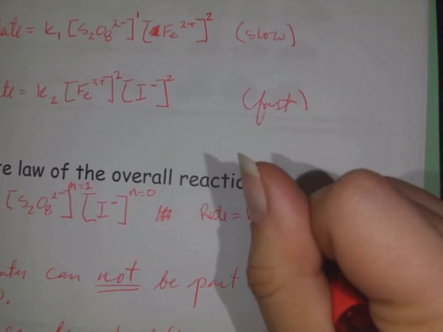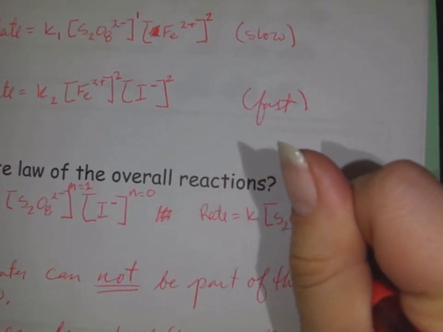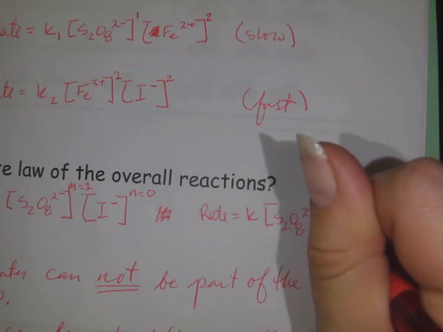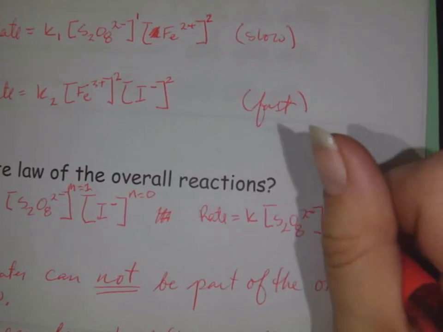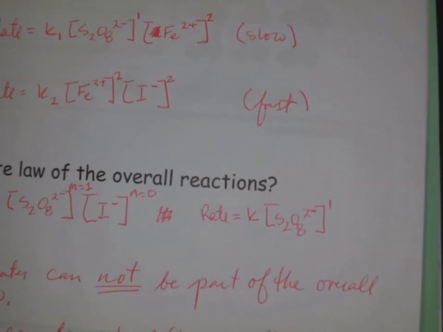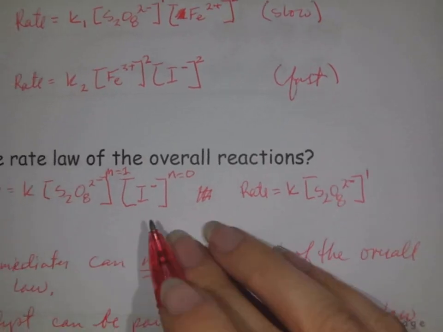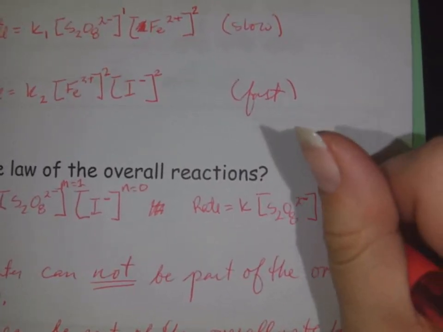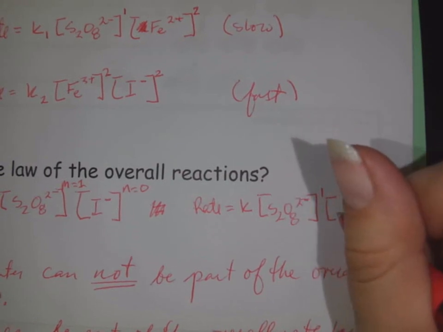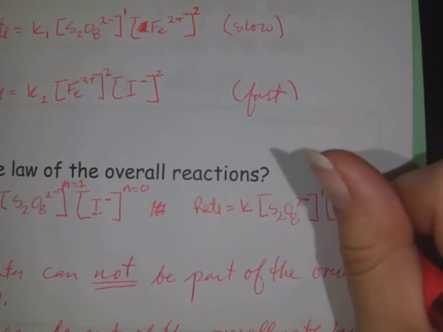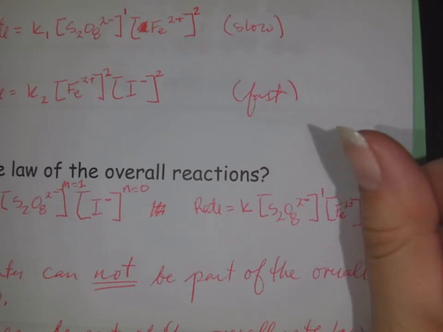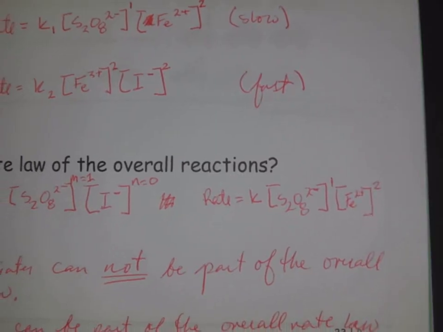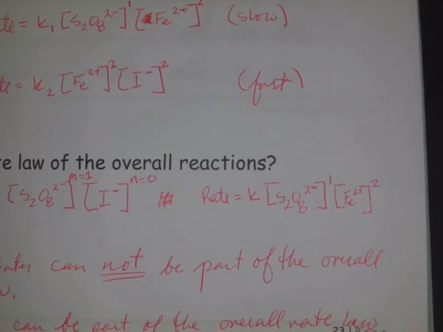And then we have S2O8 2-, and it's to the first, so it's first order, and then iodine is 0 order, so I don't have it in here. And then we have a catalyst as well, iron 2+, and it's got a big impact. It's second order. So that is the rate law of this overall reaction.